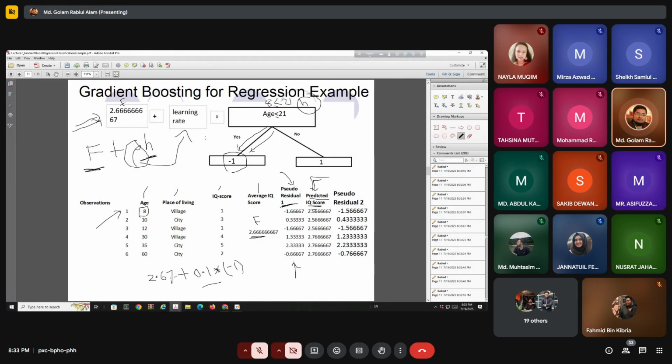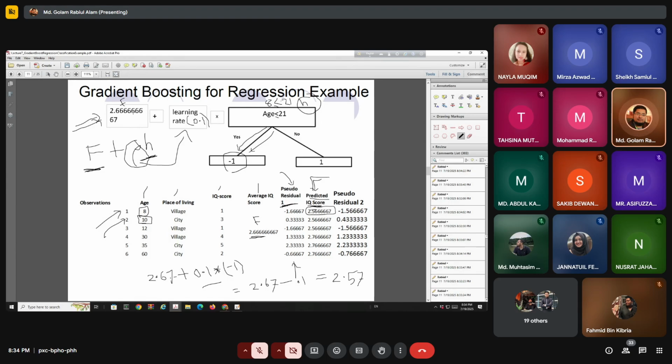Okay, we have considered learning rate here, I should write it here, 0.1. So considering that, we will get 2.67 minus 0.1, which is 2.57. Here it is 2.56667, about 2.57.